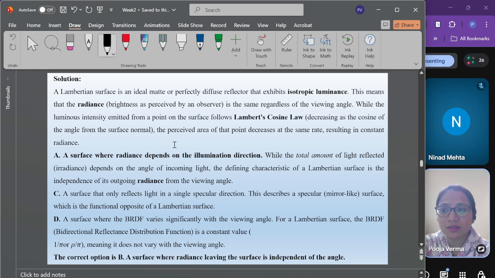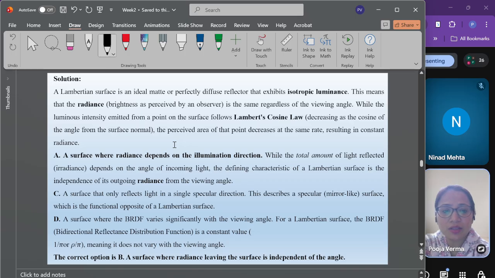Our next option is option C, a surface that only reflects light in a single specular direction. That describes a specular or mirror-like surface, which is a fundamental opposite to the Lambertian surface. And option D is a surface where the BRDF varies significantly with the viewing angle.